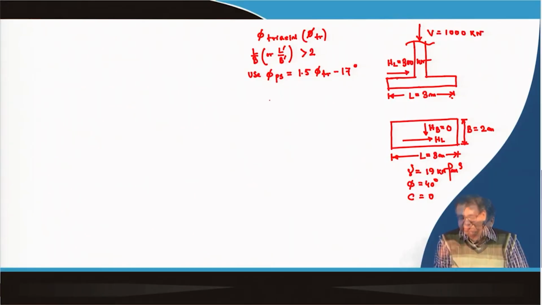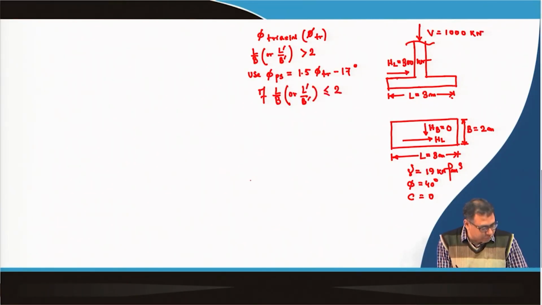That means if the length is more than 2 times the width, and phi triaxial is given, you convert it using this equation. If your L by B or L dash by B dash is less than or equal to 2, then you use phi triaxial.